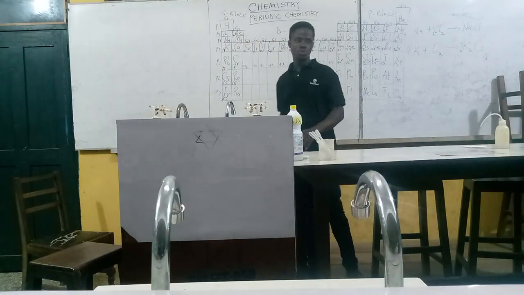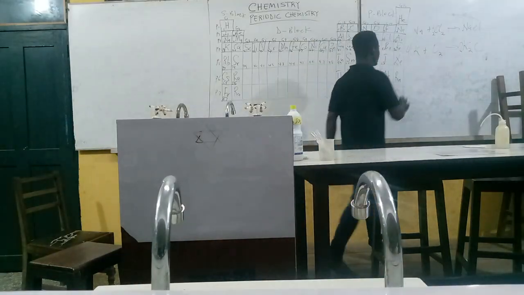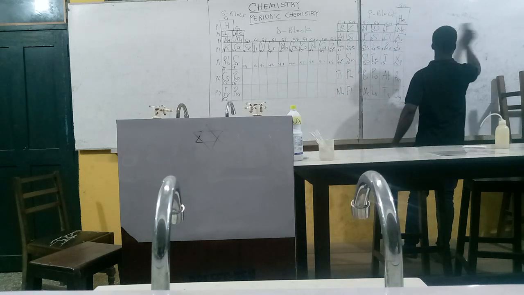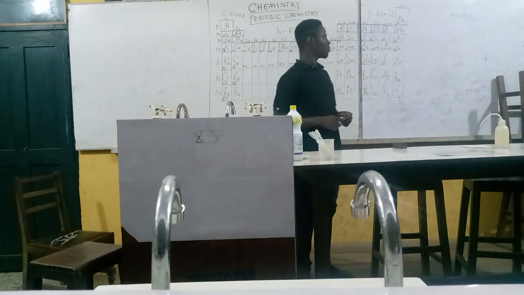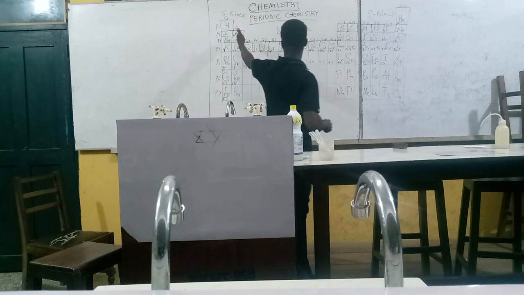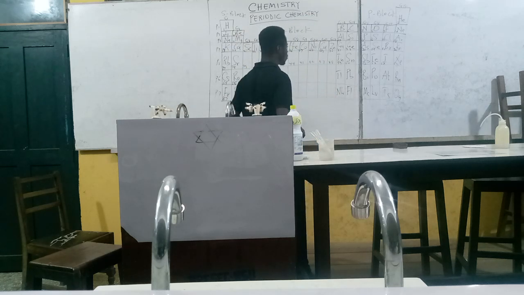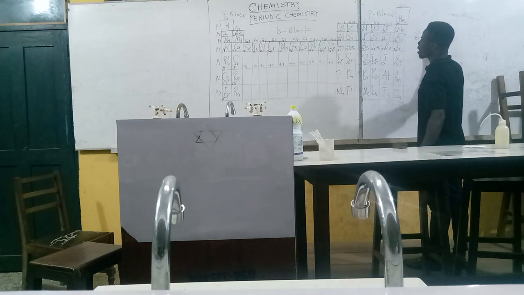Now when it comes to group 2, they also have similar properties to that of the first group. When you pick the second group, for instance, the elements there: beryllium, magnesium, calcium, strontium. When you also want to write their outermost electron, for instance, beryllium has 2s2.